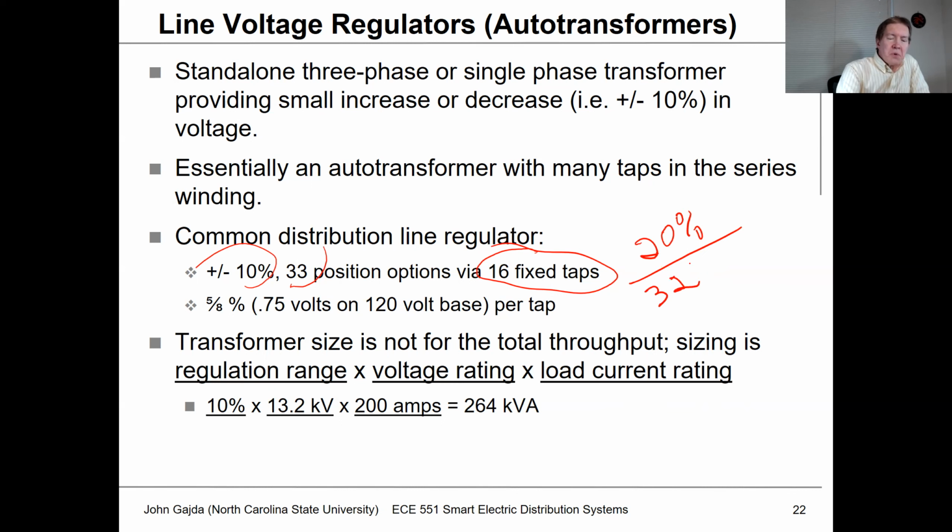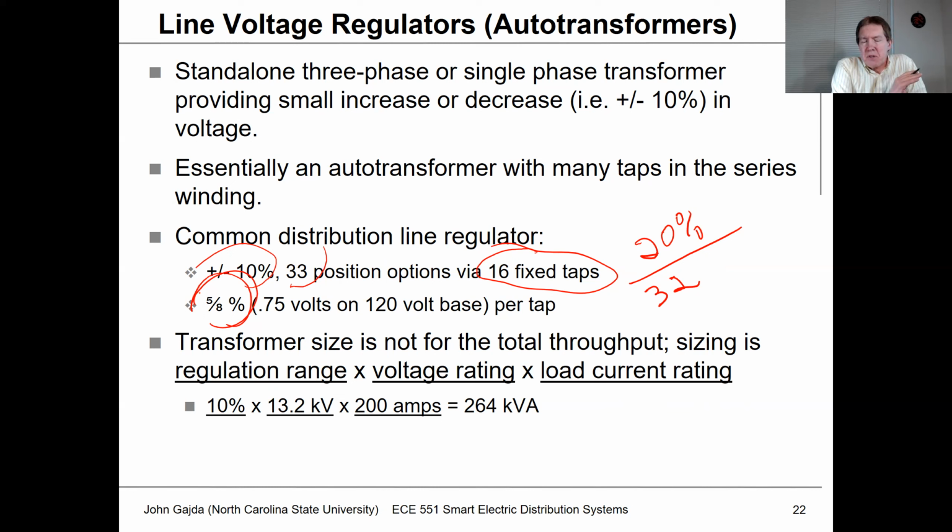That is where you get the 5/8% change, which corresponds to 0.75 volts on a 120 volt base. This gives you the resolution of the change. In other words, if I'm going to make a tap change, it's got to be in increments typically of 5/8%. So I can't continuously regulate the voltage, but I can regulate voltage within these tap positions.